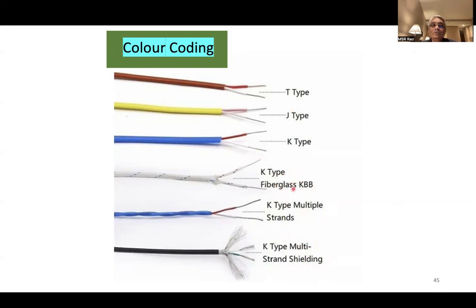So I want you to go through the handbook of thermocouples and try to find out what the subtle differences are in all these different forms of the same K-type thermocouple, which is different from T and J.